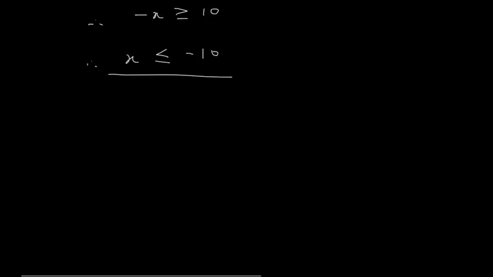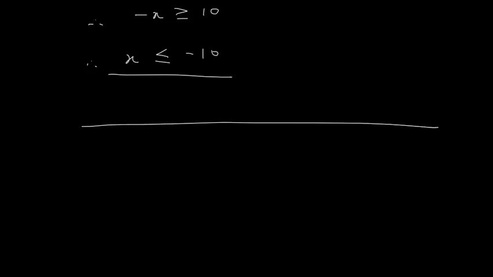So therefore on the number line, this is your number line. On this number line, let us say we have 0. Then instead of minus 1, minus 2, we will start with minus 2, minus 4, minus 6, minus 10, minus 12, and so on.